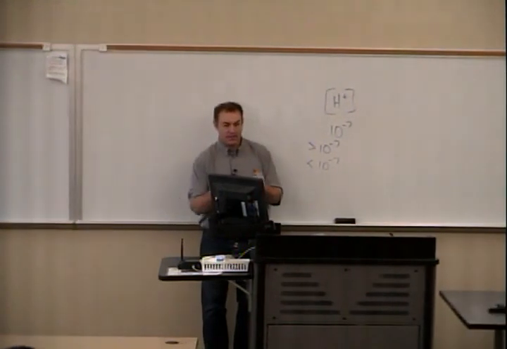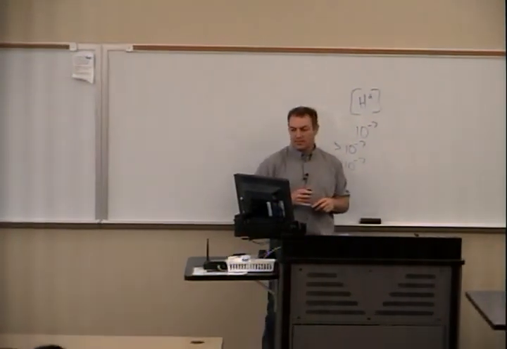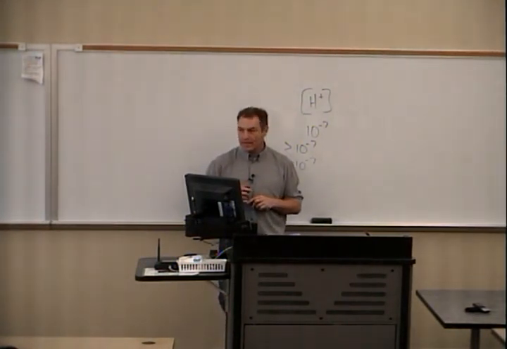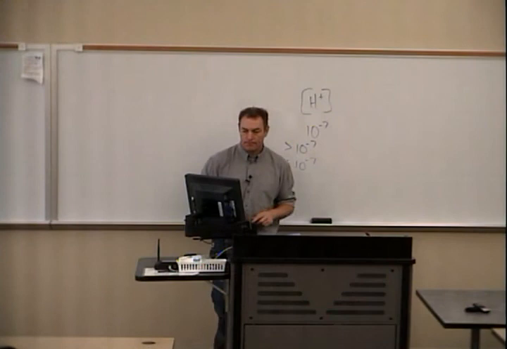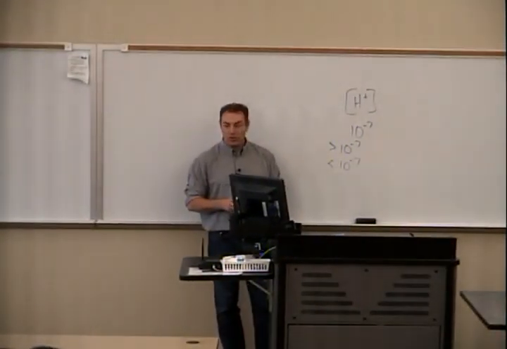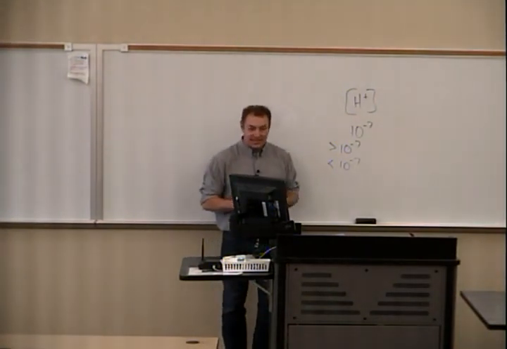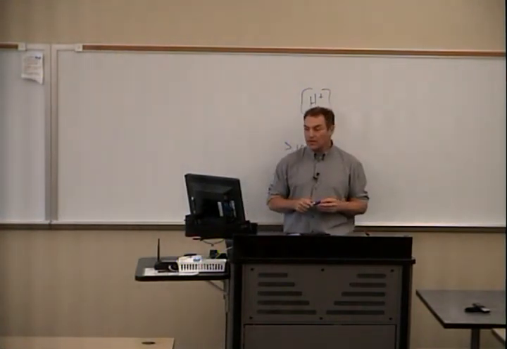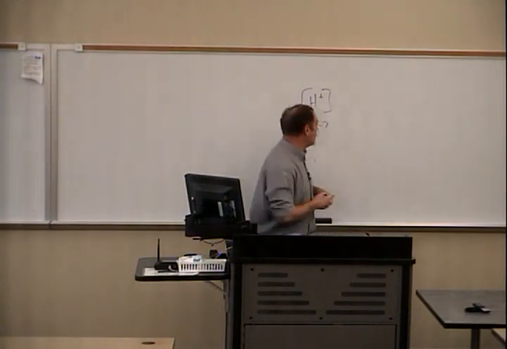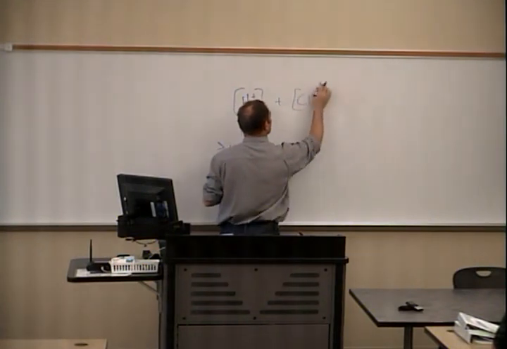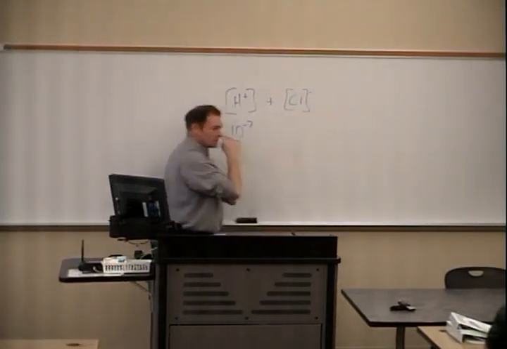So let me give you this example then. If we add to water a substance that will increase the hydrogen ion concentration, we get an acid. So for example, if we add hydrogen chloride, and that's a colourless gas, which is very soluble in water, we can bubble it through water and it dissolves. It dissolves to form hydrogen ions and chloride ions.